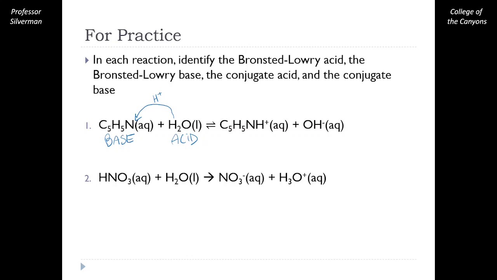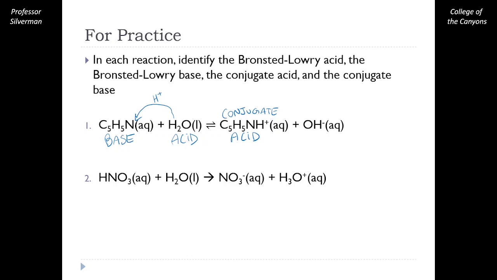To think about our conjugates, we want to look at the other side of our reaction. Our base is going to turn into the acid. So our base was C5H5N. Our acid has to be the one that is so close to that, only different by adding a hydrogen, adding a charge. There we go. On the right side, we have our conjugate acid.